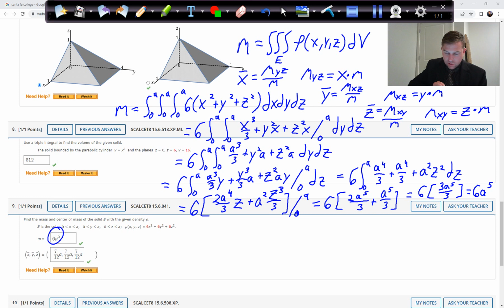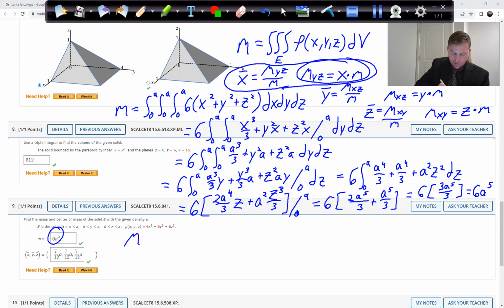So let's look at this. Let's calculate m. Let's start with this one. Let's just do this one. So we're going to start right here. What is the moment in the yz direction? Well, it's x times m.